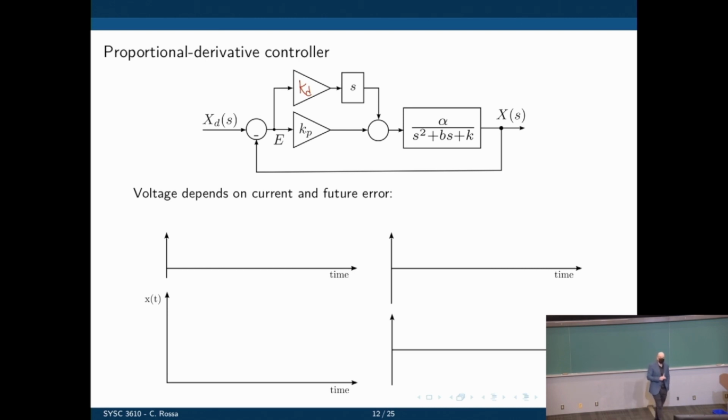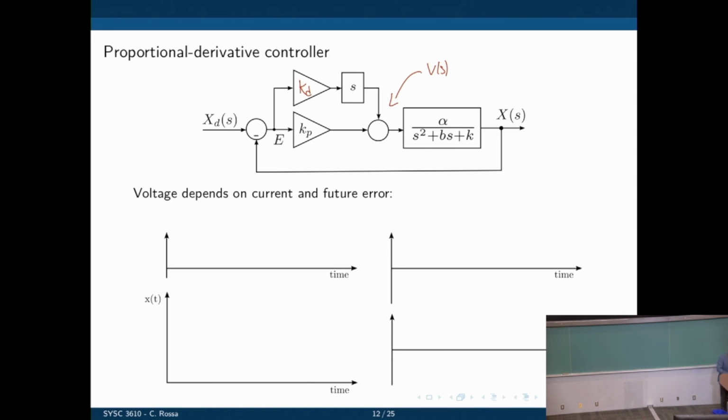Same scenario again, the mass spring damper system. We are applying a voltage to the motor that is making the mass move. But now we are going to make the voltage proportional to two things. The derivative of the error and the current error.